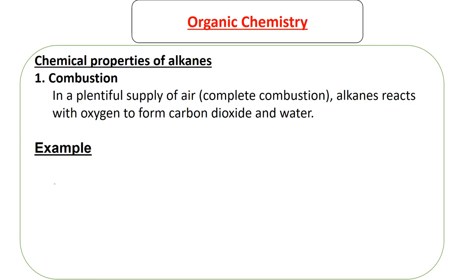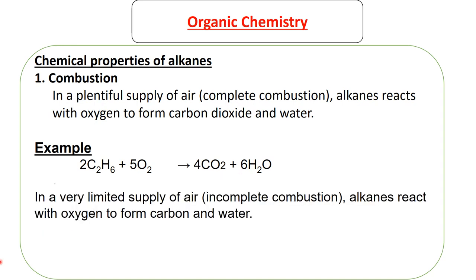Here's an example. We have this alkane, it reacts with oxygen and produces carbon dioxide and water. Just as a quick exercise, what alkane is this? It has 2 carbon atoms, the prefix for 2 is eth, so this is ethane. But the main point from here is carbon dioxide and water are produced.